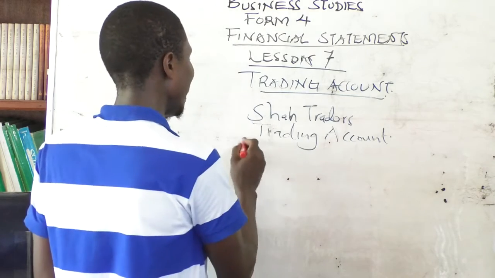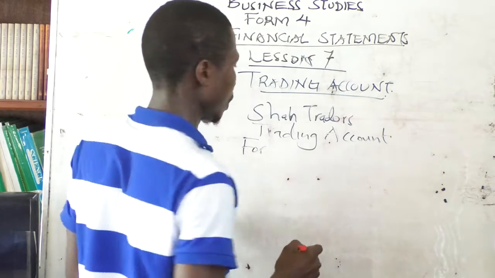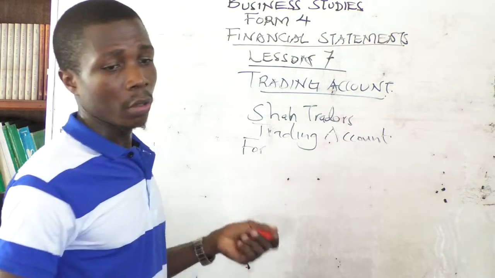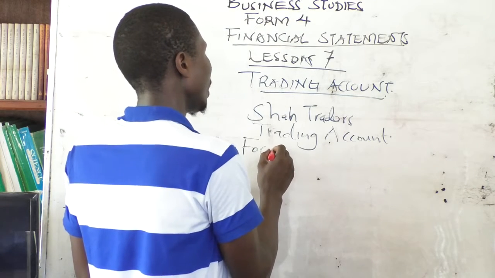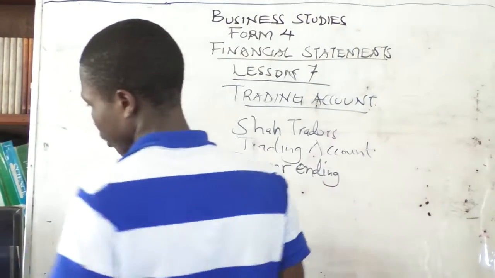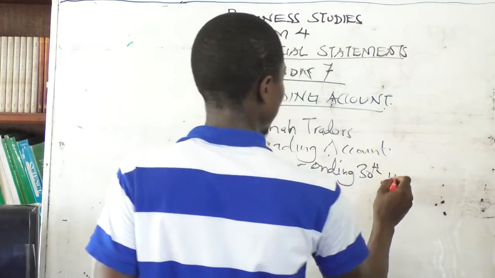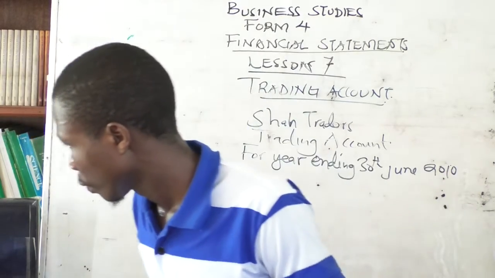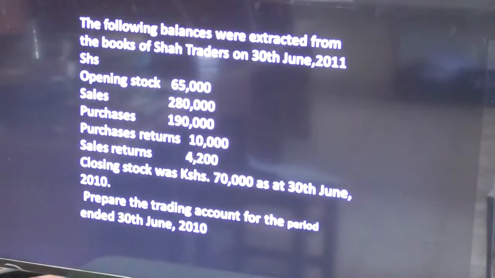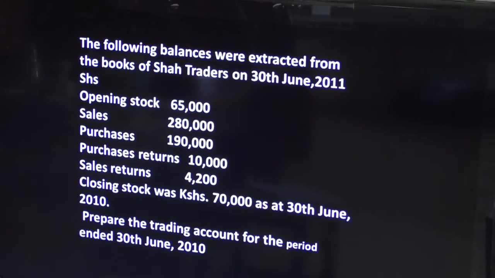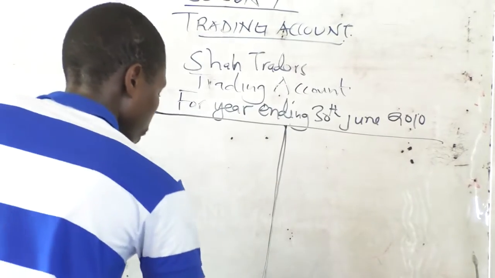Then for the year ended 30th June 2010. It's always prepared for a period, not when the business is being wound up or closed. This is always the format.